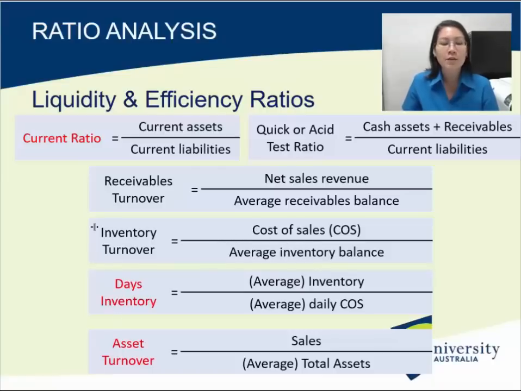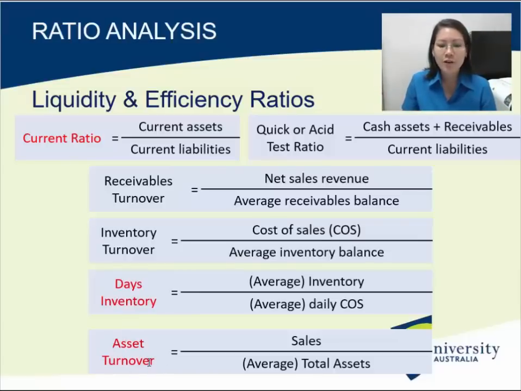If you divide the inventory turnover figure into 365, you'll get this figure, days inventory, and that's what we actually calculate. So we do the average inventory, average daily cost of sales, this is where we put the 365 in, and I'll show you how to do that when we actually go through our company spreadsheets. So number of days inventory, how long is it taking us to sell our inventory from the time we purchase it to the time that we actually sell it.